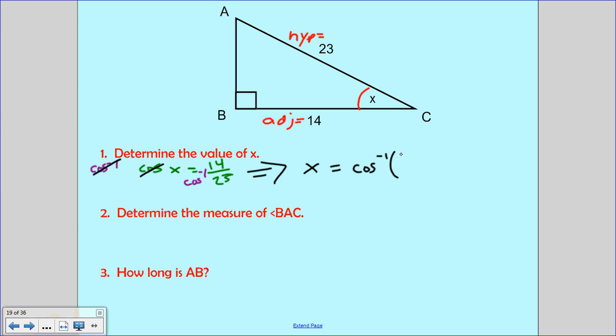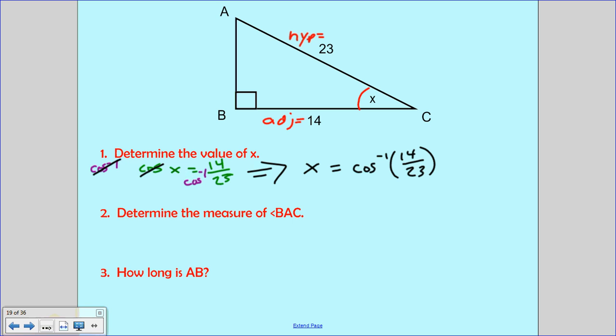And we're going to find the cosine inverse of 14 over 23. On the TI-83, you would hit second cosine for cosine inverse, and then type the fraction 14 over 23 and hit enter.